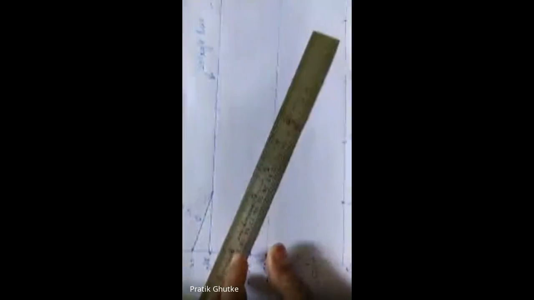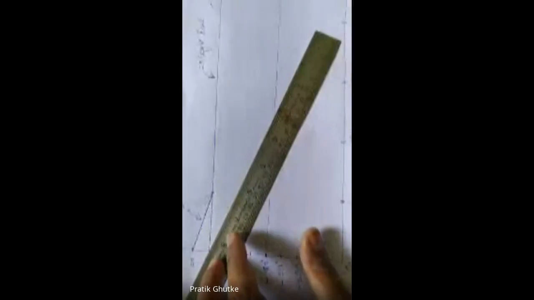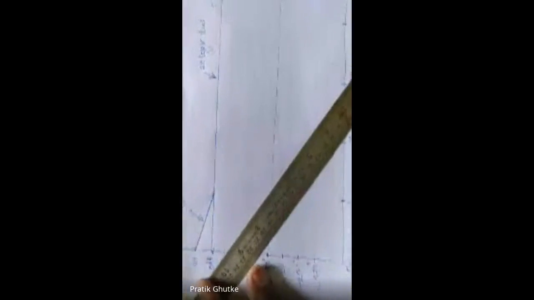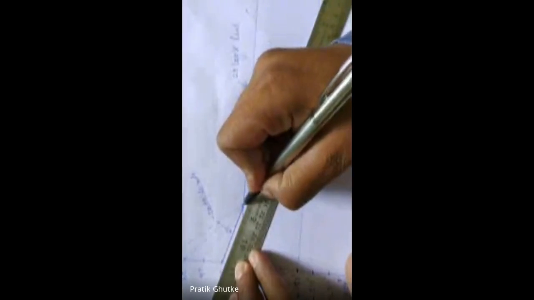Yes, understood? Then next, what is my next corner frequency? It is 10. So minus 20 dB, and then again one pole is there. So minus 20 and then minus 20, minus 40 dB. After this, I will be taking the 40 dB slope.